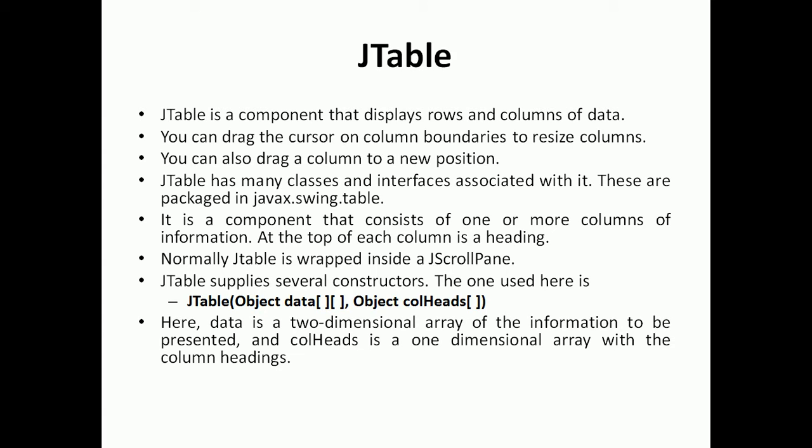The one used here takes two parameters. First one is the object, nothing but the row information, and the second one is the column heads, nothing but the attributes of the table. Here data is a two-dimensional array of the information to be presented, and the column heads is a one-dimensional array with the column headings.